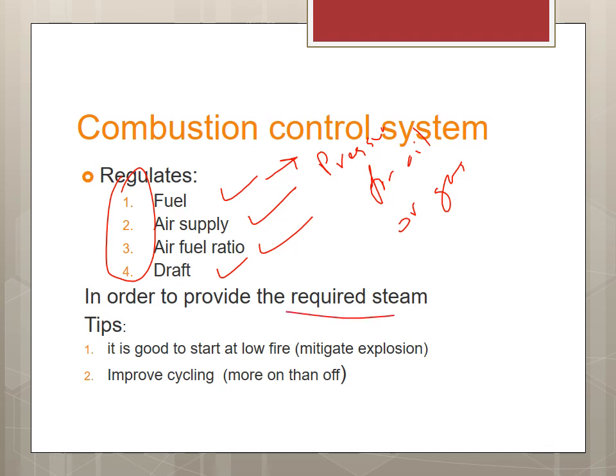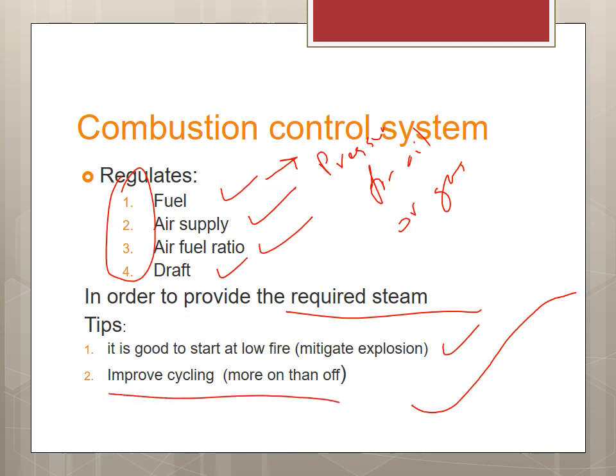So to provide the required steam, we usually start with the low fire, so we do not go with the main full-blown fire that we need. We ramp up into the fire, so we start with low flame and build up to that until we reach the steam pressure required. And also we would like to improve the cycling.